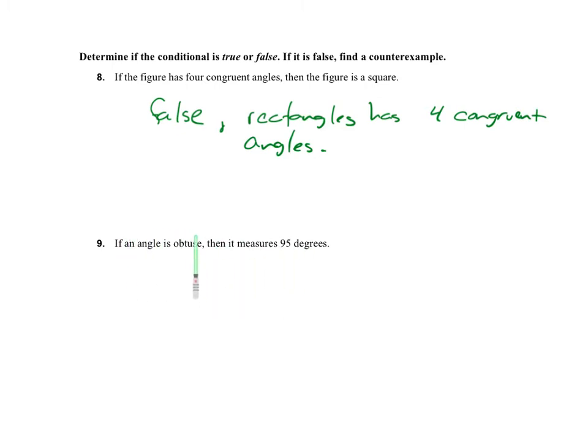Again, we're assuming that the angle is obtuse, right? This is also false. I know that an angle that measures 95 degrees is obtuse, but not every obtuse angle measures 95 degrees. So let's say that the angle can measure 101 degrees, and that's a counterexample.